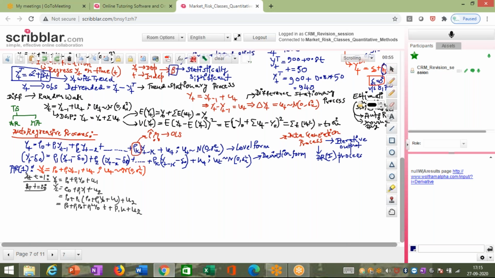So the question that comes out over here is: what then is the general functional form that this autoregressive process would have? What would be the most general functional form, or the basic data generating process for YT?